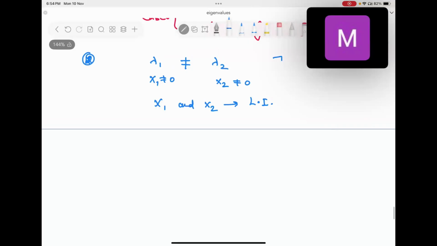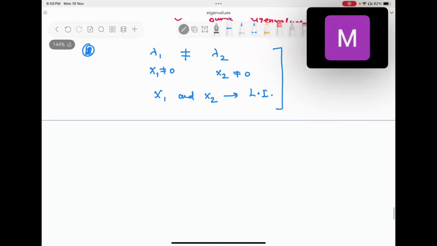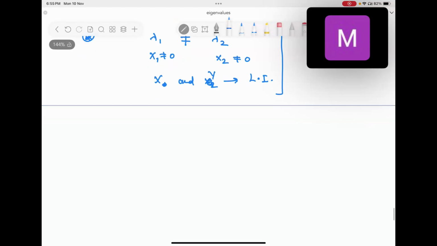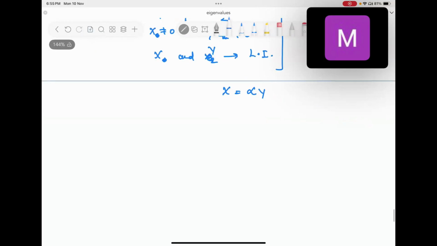Now how will you prove this? Suppose this is linearly dependent. Instead of x1 and x2, you can write x and y, right? So suppose x and y are linearly dependent. Dependent means x will be equal to alpha times y, right?